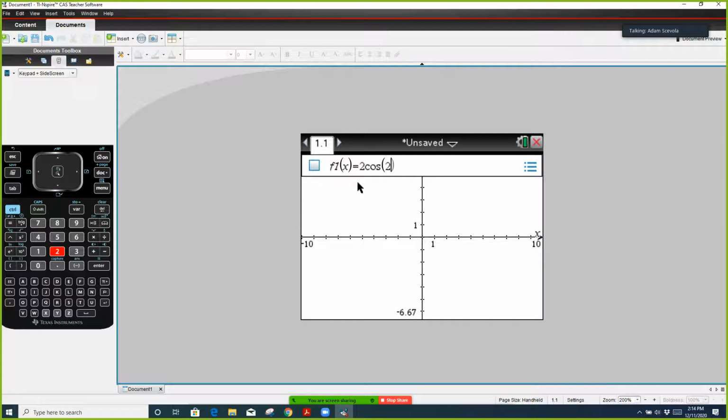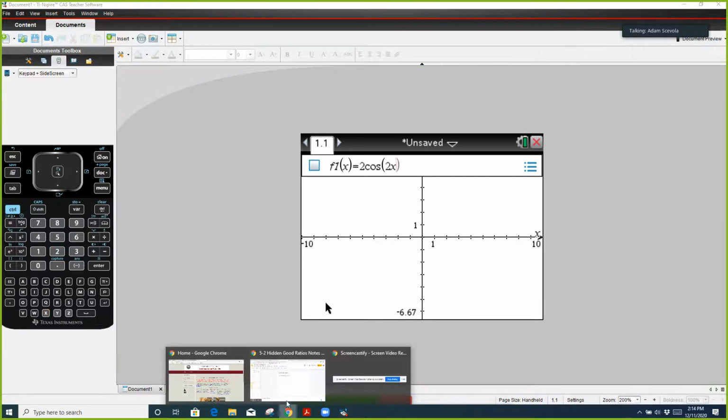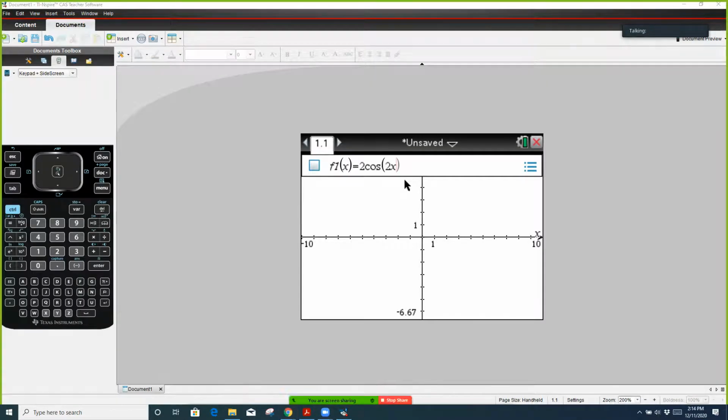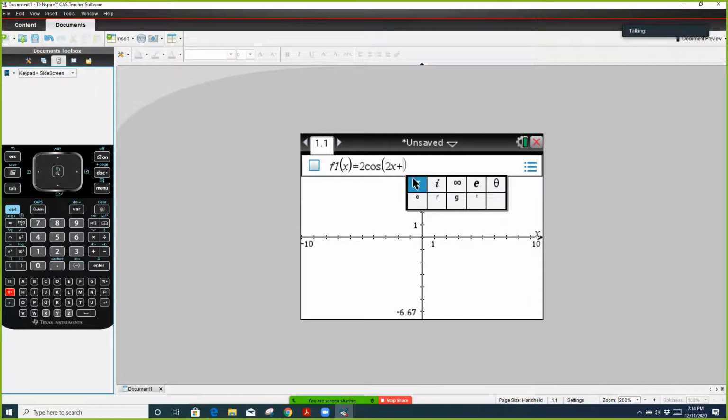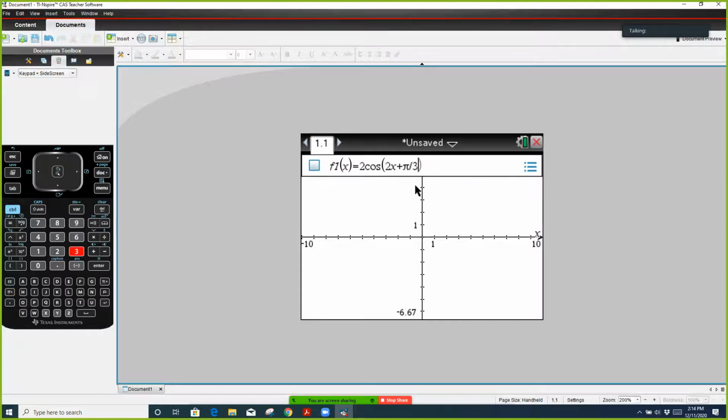I'm going to do 2x, not 2 theta. The calculator won't know how to do theta. Plus pi over 3, and then minus the square root of 3.